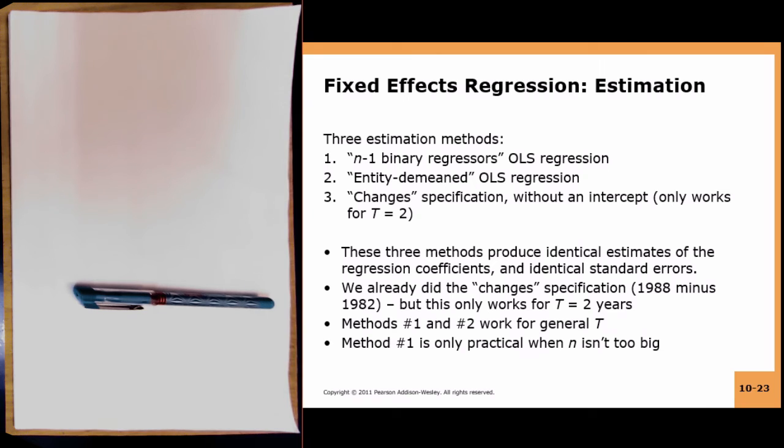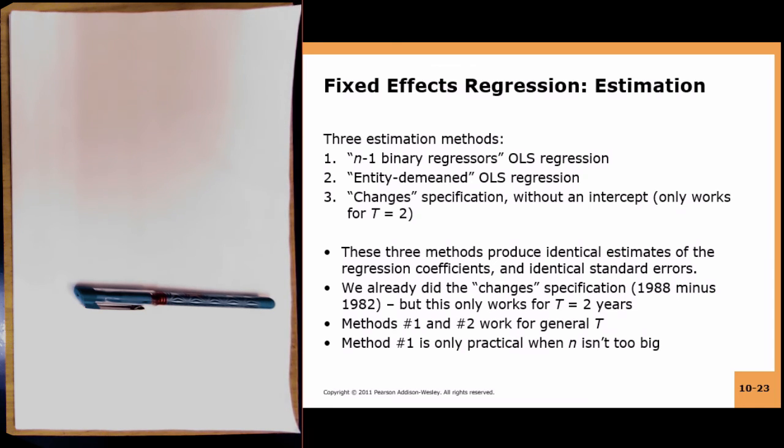Method 1 is only practical when n isn't too big. For instance, in this particular case, you have 48 US states, so you include 47 dummy variables, n-1. But suppose you have panel data for 1,000 households which have been followed over a period of time.